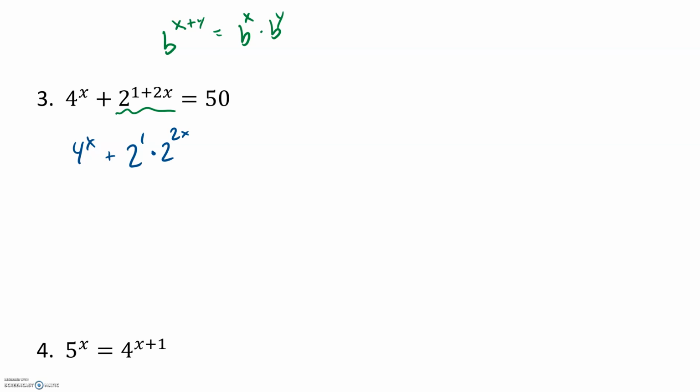But then what's more is I can use the fact that 2 to the 2x equals 2 to the 2 raised to the x. So that actually just equals 4 to the x. And so what I really have is 4 to the x plus 2 times 4 to the x equals 50.